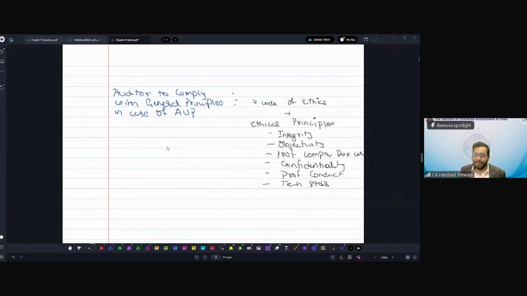These are certain principles that the auditor or practitioner has to comply with when they are undertaking this kind of engagement. Okay.